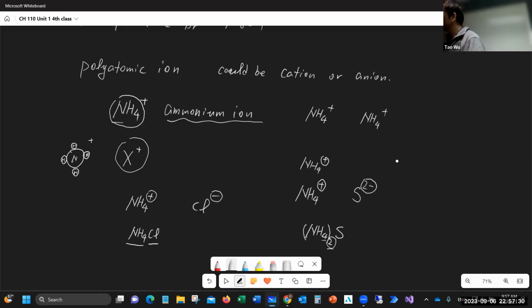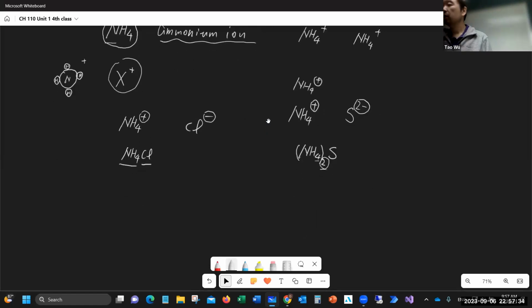Yeah, this is very, very important. When you write formulas, if you have multiple polyatomic ions, you have to have a parenthesis to cover it and put the number there. This makes sense, right? We have 4, so we should have a parenthesis and put a 2 up there.